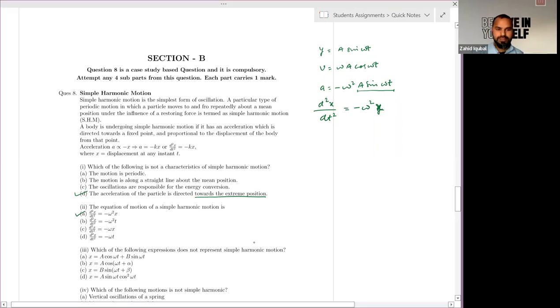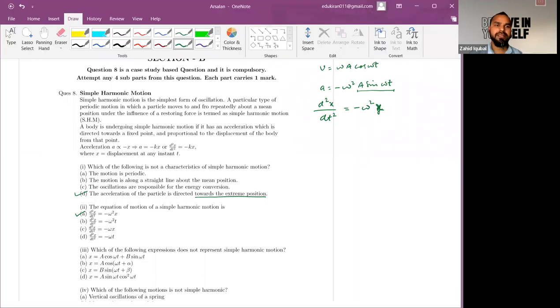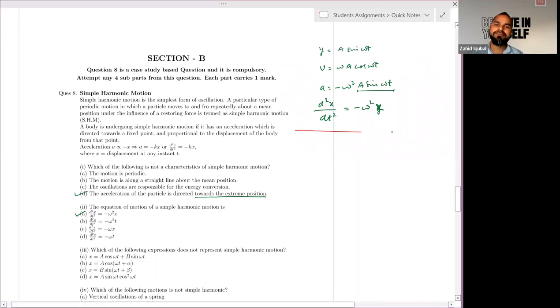Next, question number three, which of the following expressions does not represent SHM? For representation of SHM, just remember something. First, the function should be periodic. For a periodic function, it should be trigonometric first. Then in trigonometric, we have 6 different functions: sin, cos, tan, cosec, sec, and cot.